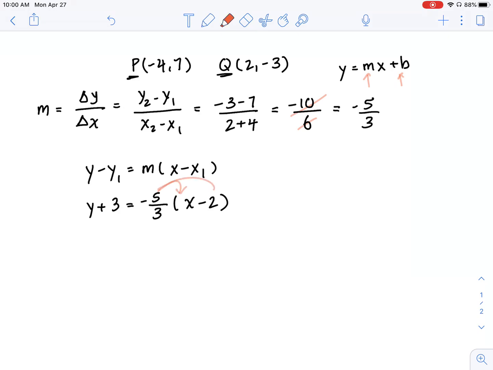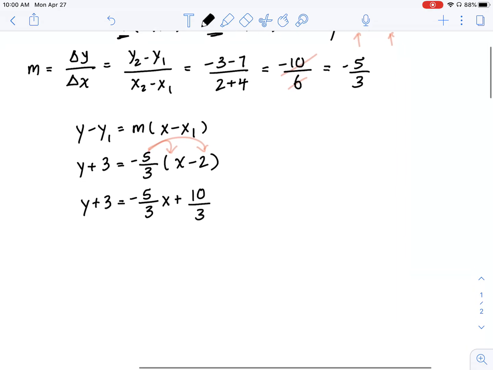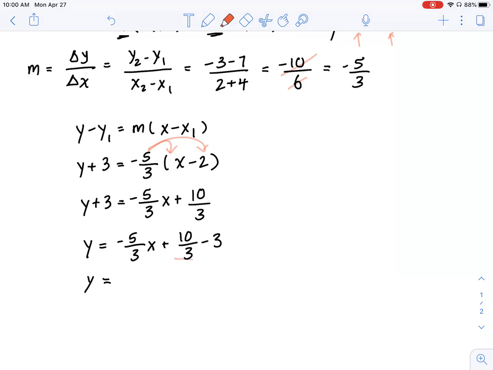Let's open up this bracket and distribute the terms inside. And finally, let's isolate for y. Before we add our two constants, we need to find a common denominator.